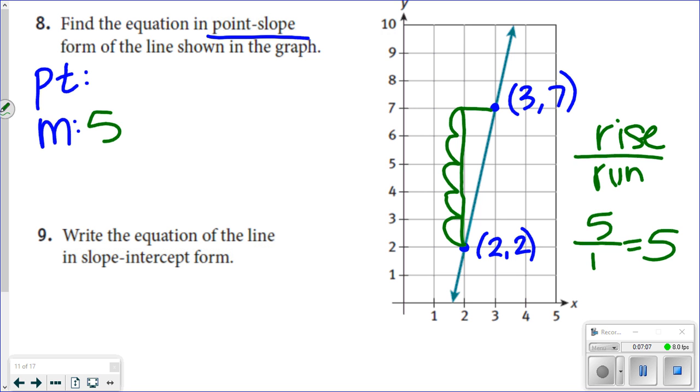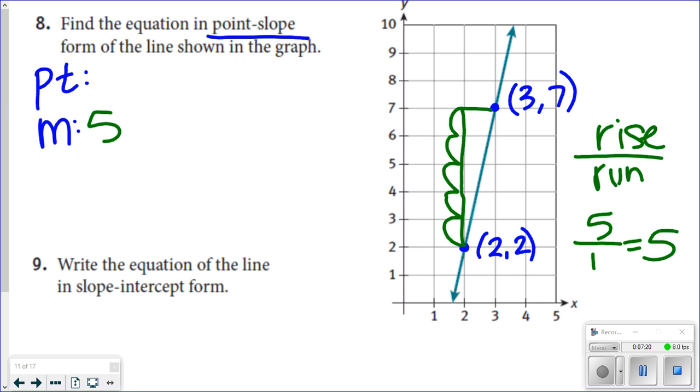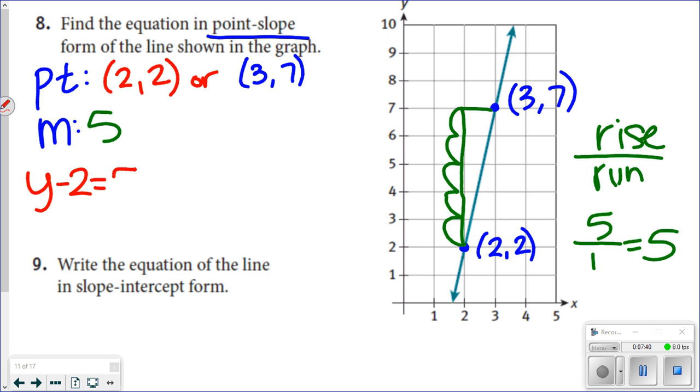And you can choose whatever point you want. You do you. So go ahead and choose 2, 2 or 3, 7, and I want you to write the equation for question 8. So if I chose 2, 2, it would be y minus 2 equals 5, x minus 2.